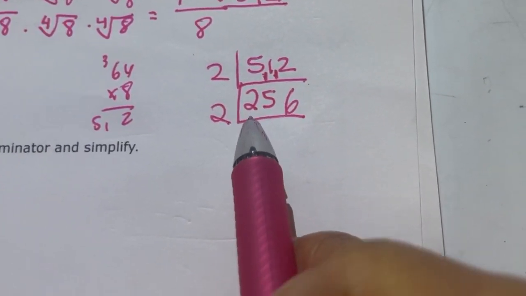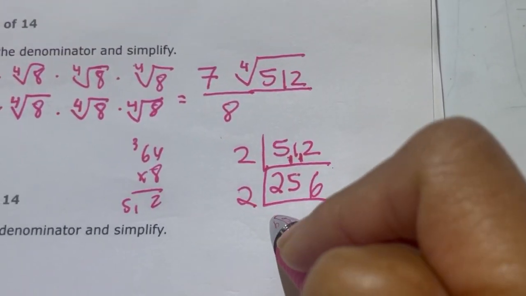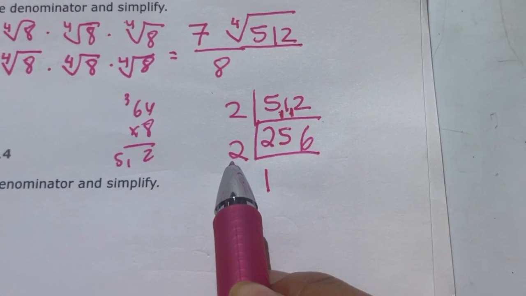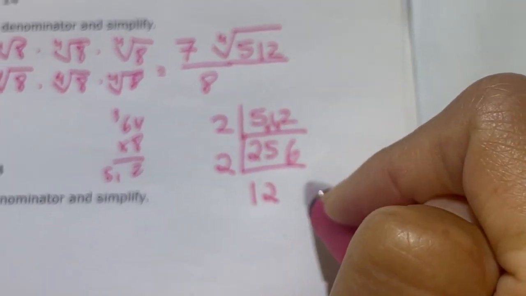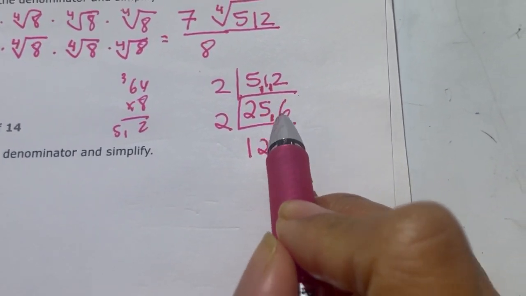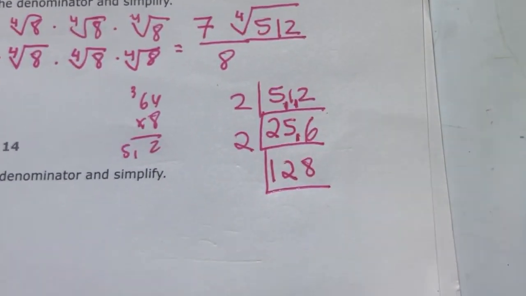So again, without using a calculator, 2 divided by 2 gives me 1. 5 divided by 2 gives me 2 with a remainder of 1. So now this number next to it becomes 16. 16 divided by 2 gives me an 8.